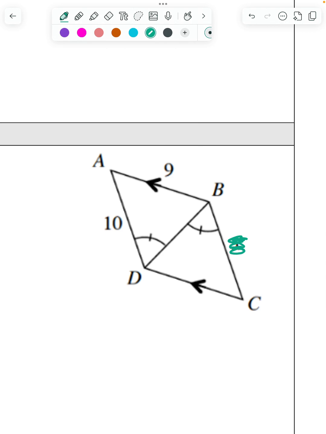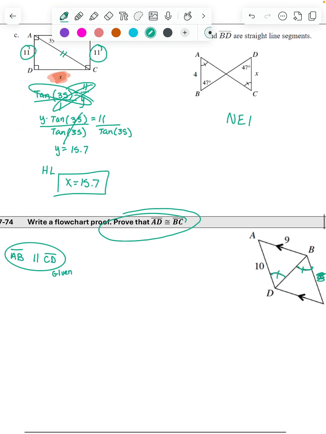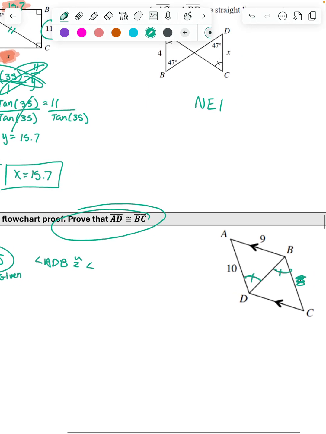And that means that alternate interior angles are congruent. I actually already have a pair of angles that are congruent, so I'm going to go ahead and write those down as well as given. So that is angle ADB is congruent to angle DBC. That was given to me. Those are those angles I just labeled in green.